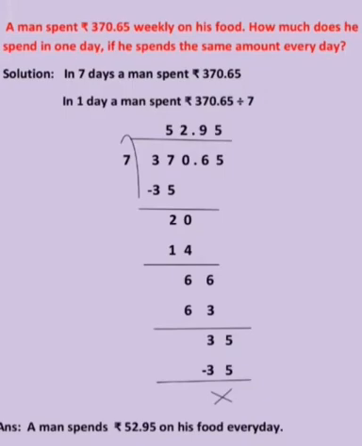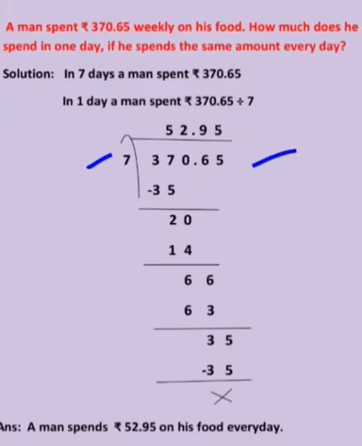So what to do in this type of case? More is given, less you have to find out. Then you have to do division, isn't it? So divide. 7 is the divisor, and the dividend is 370.65.